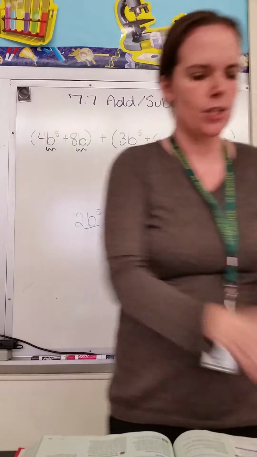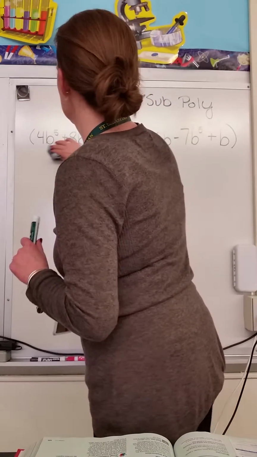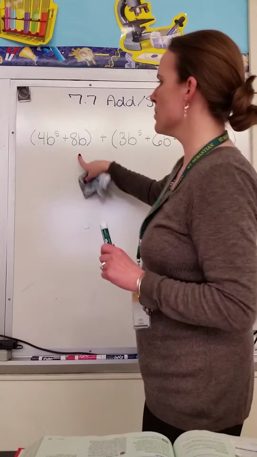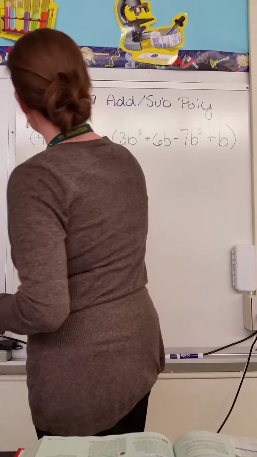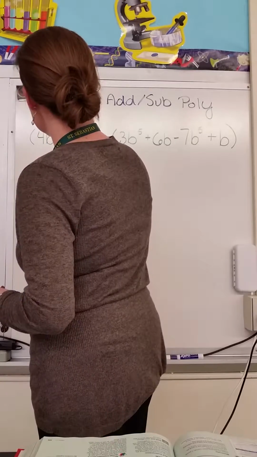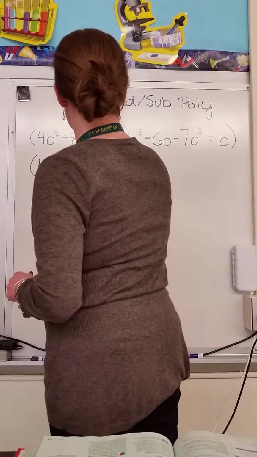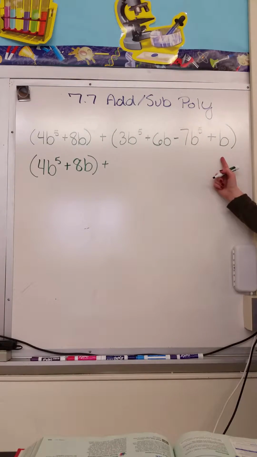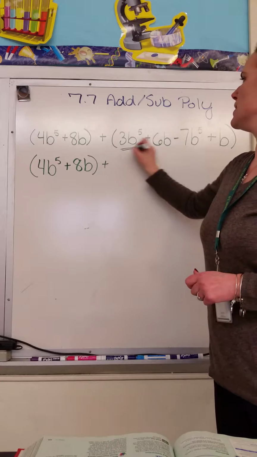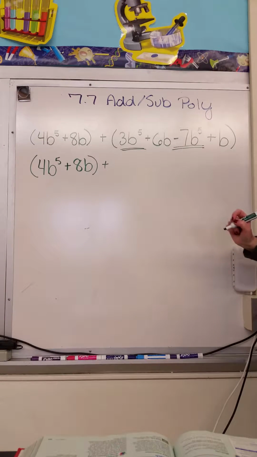So the first thing you're going to look at is making sure that there's nothing within the parentheses that could be combined. So this is just going to stay 4b to the fifth plus 8b. And this one over here, you can see within it, I have 3b to the fifth and I have negative 7b to the fifth.